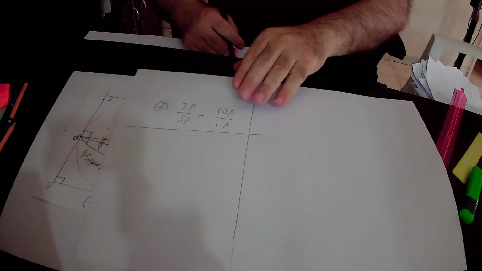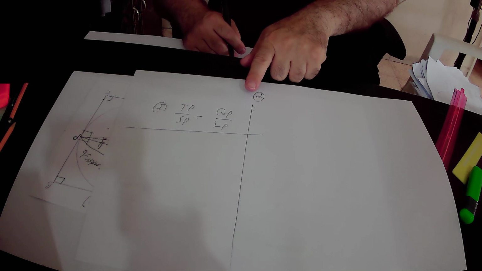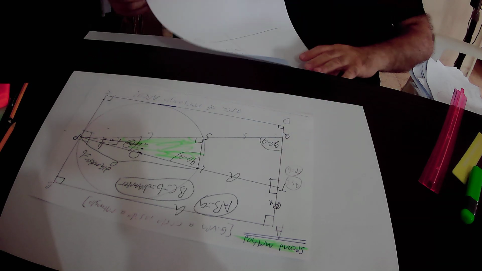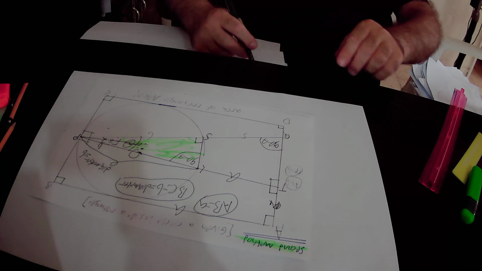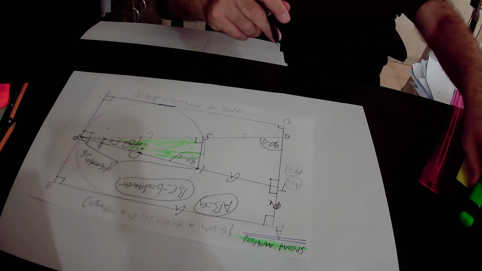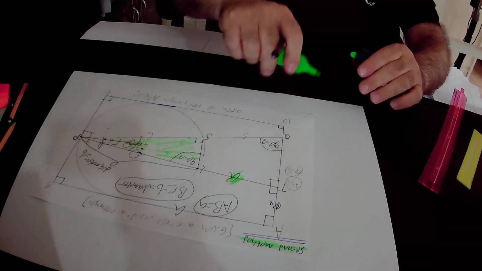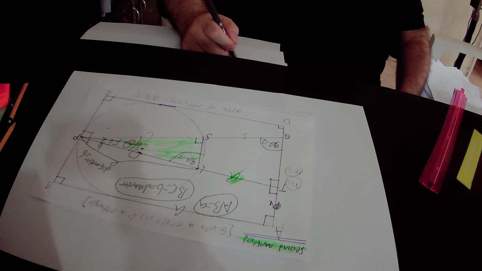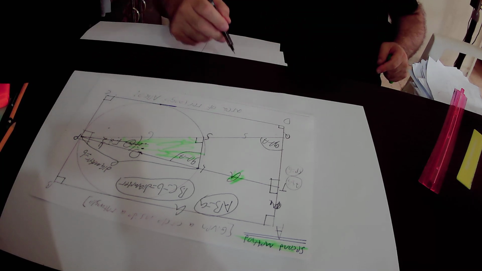We derive that TP over SP equals QP over LP. So here TP equals A according to what we have already found out. So we substitute TP by A over SP. SP equals 6 units according to what is given in the question. So we substitute SP by 6.